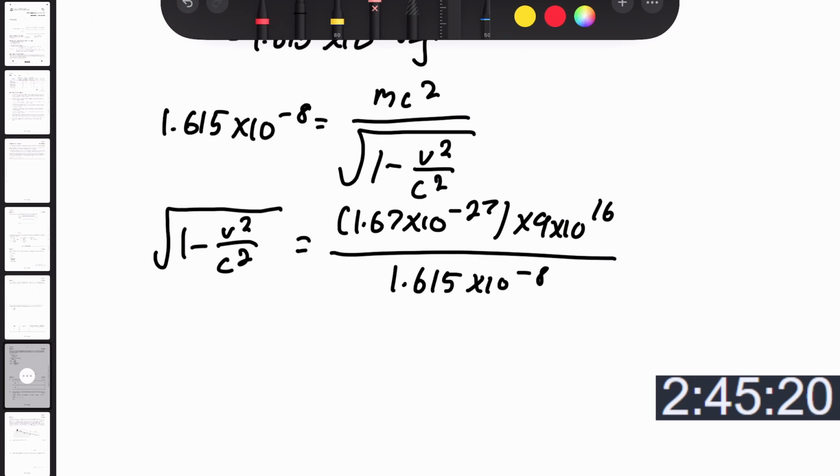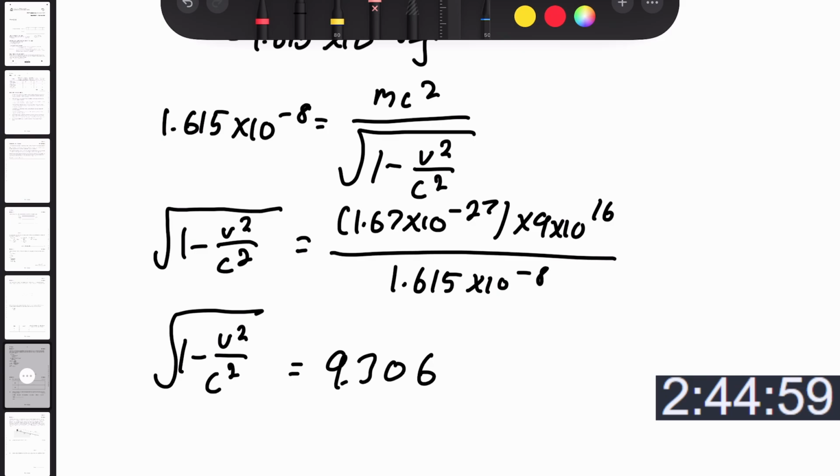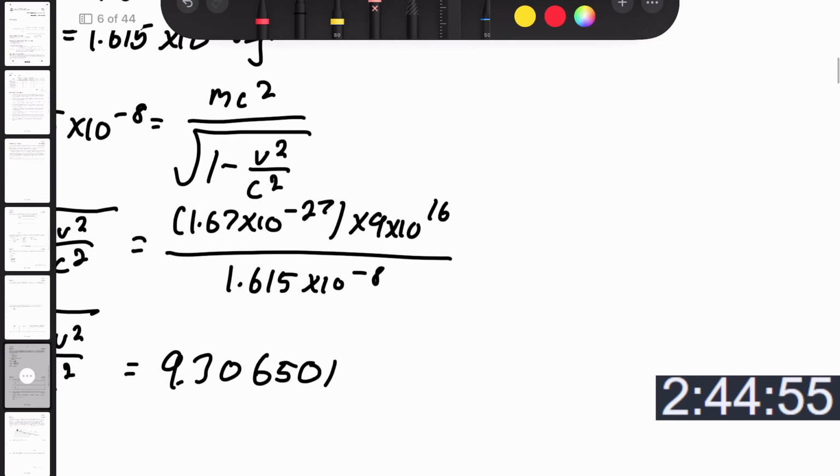So this is equal to... I feel like I wasted so much time already. This is 9.3065154 times 10 to the negative 3, because I want to be really accurate.